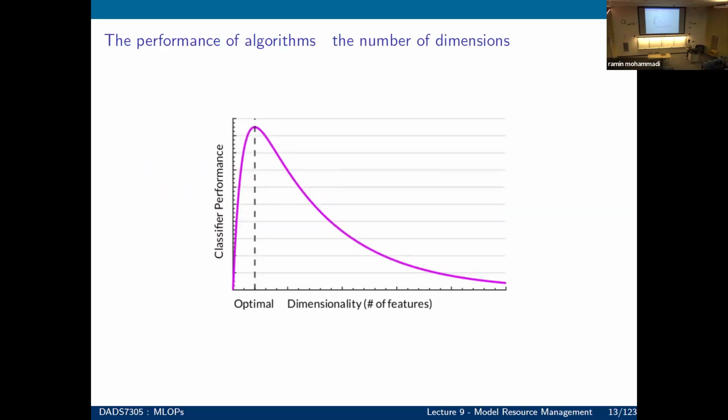The idea here is that for every model, there is an optimal number of features that gives you the highest score. Beyond that, the model performance degrades no matter what you add. That's the theory. And that's why you do some sort of feature engineering to figure out what that optimal number is.